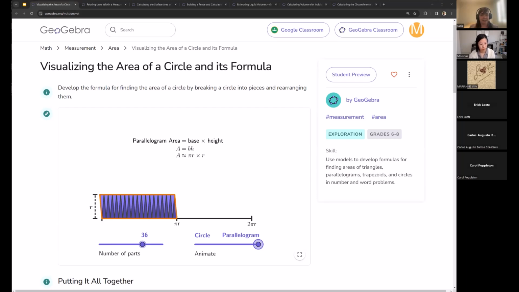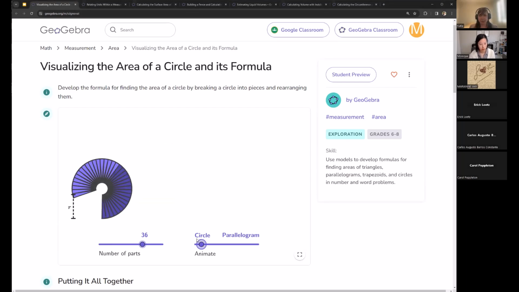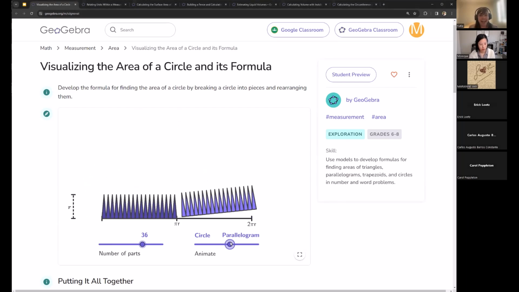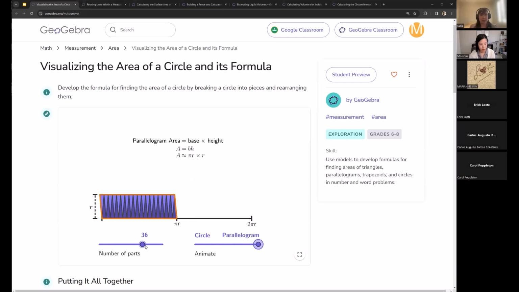Like I said, we posted this on social media on Monday, and one woman shared back that she created an actual physical manipulative version of this for her students to play with and examine the area of a circle. It was divided into a certain number of parts, and an activity like this could go along with it.